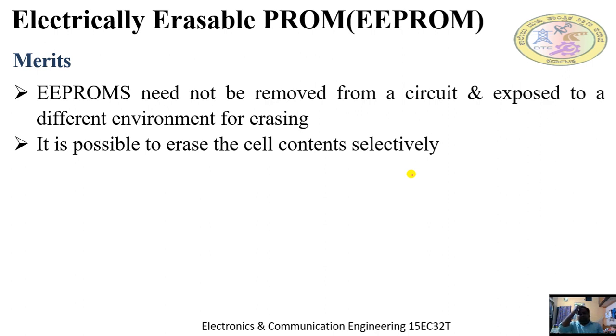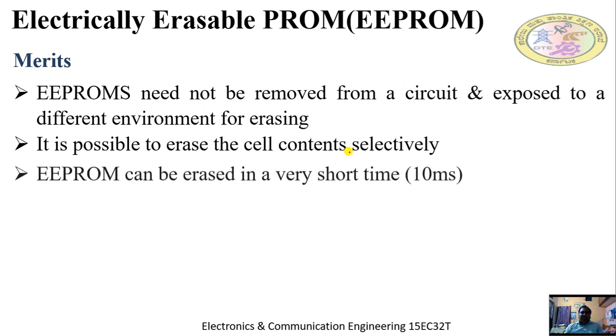In the case of EPROM, the selective erasing option was not provided. As a whole, the user was given a provision to erase all the cell contents at once. But in the case of EEPROM, we can select a particular cell and erase it. That is another merit.